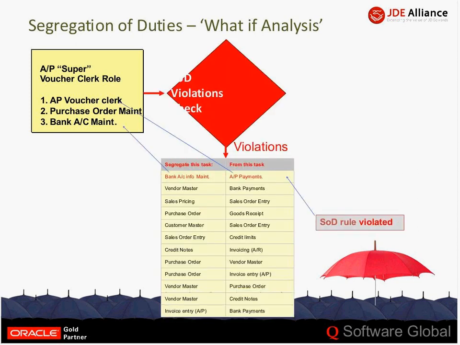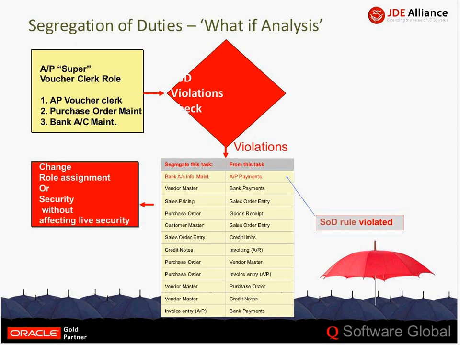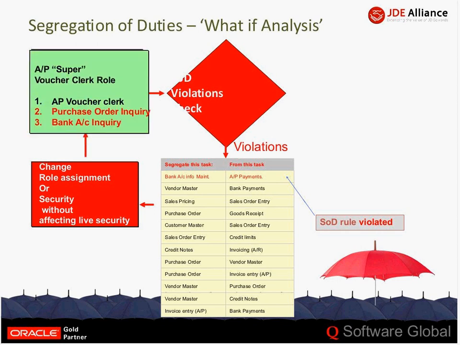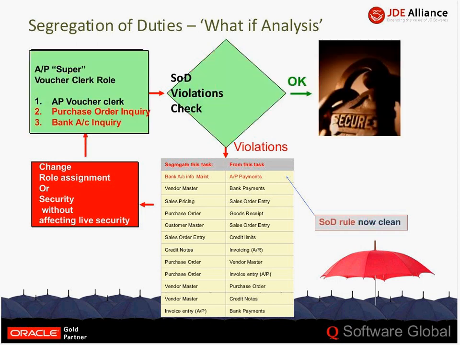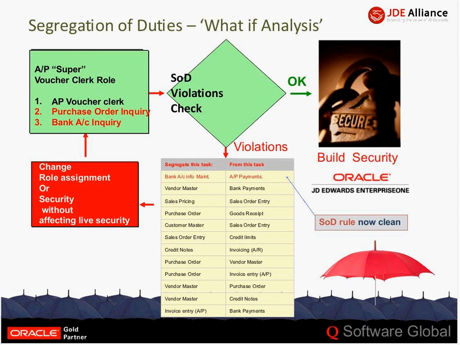I don't know why the text has gone off center there, and what we find is, before we touch JD Edwards, before we push this into JDE, this role is breaking a rule because it can do bank account info maintenance and AP payments. You can either change the role assignment or change the security. We're not affecting JDE, so we make the change, recheck, everything's clean, and now we can go and build security into JDE.